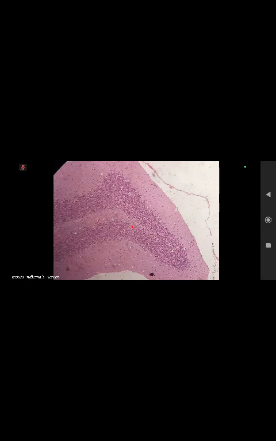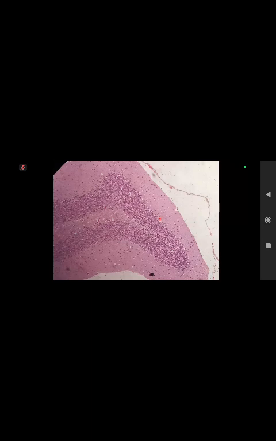So across all these layers of the cerebellum, you can have a functional column. And that functional column is around a Purkinje cell, because the Purkinje cell is the only output from the cerebellum.